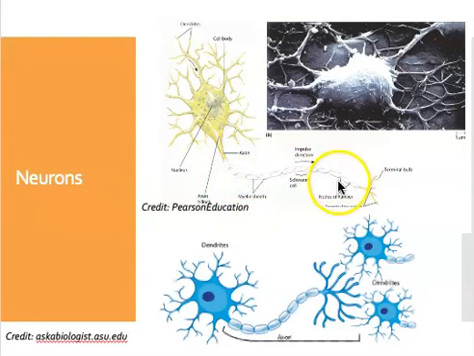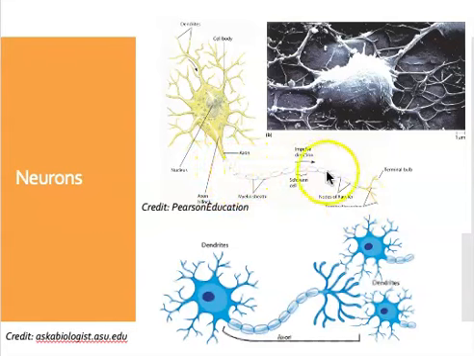In between each one of these white structures, these white sort of mounds of myelin, there is an area that doesn't have any myelin on it. So the myelin sheath is not continuous. It's disrupted every so often at areas that are called nodes, and more specifically, nodes of Ranvier.